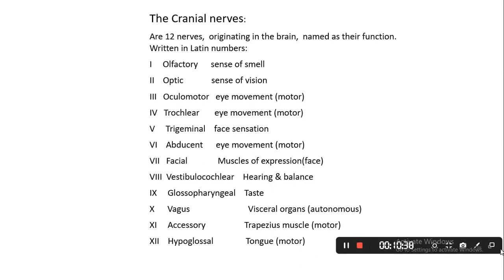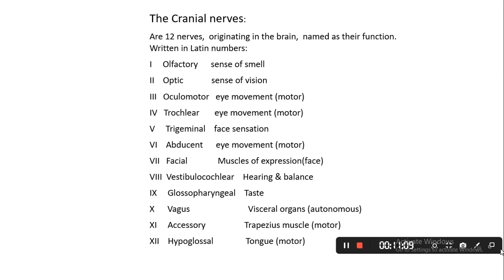The eighth, the vestibulocochlear, goes to the inner ear, responsible for hearing and balance of the body. The ninth, the glossopharyngeal, is for the taste in the tongue. The 10th, the vagus, is a long nerve.